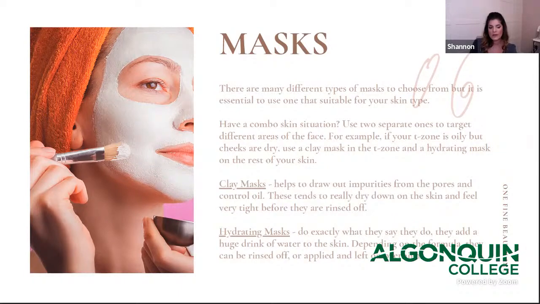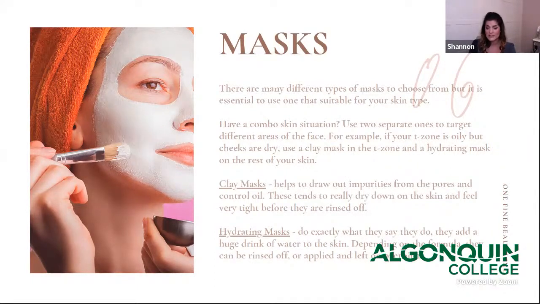If you get that debris out, you will create the illusion that your pores are smaller because they're not full of stuff, right? Skincare, leftover makeup. Clay masks are really great at helping to draw out all those impurities. So they really do tend to dry down on the skin, making it super tight before they're rinsed off. And then hydrating masks, they literally do exactly what they say they do.